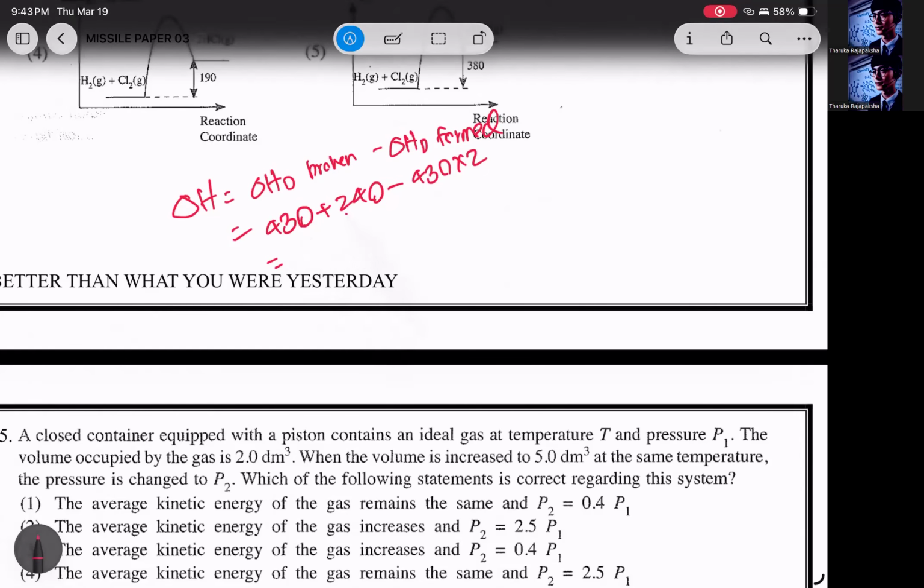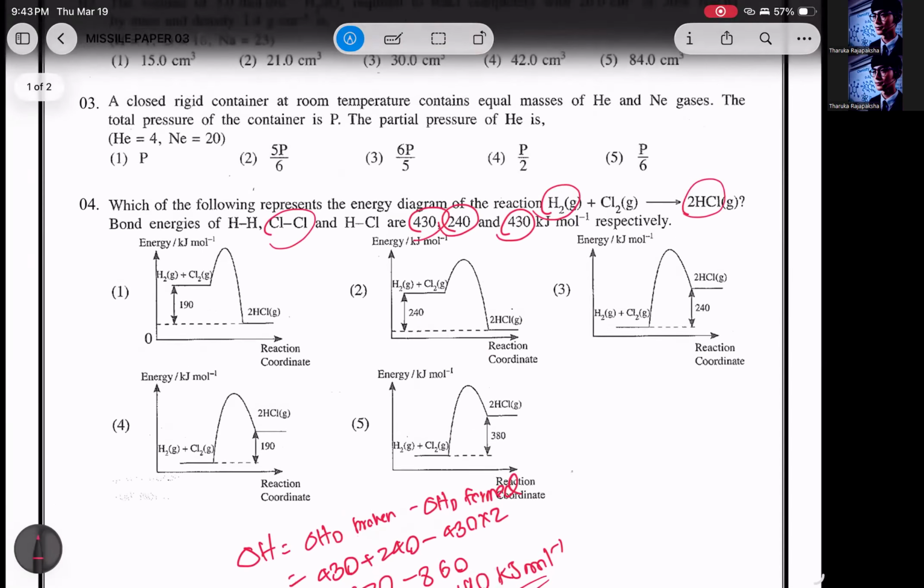So 430 and 240 gives 670, minus 2 into 430, which is 860. So that's going to be 670 minus 860, which is minus 190 kilojoules per mole, the enthalpy change for this reaction.